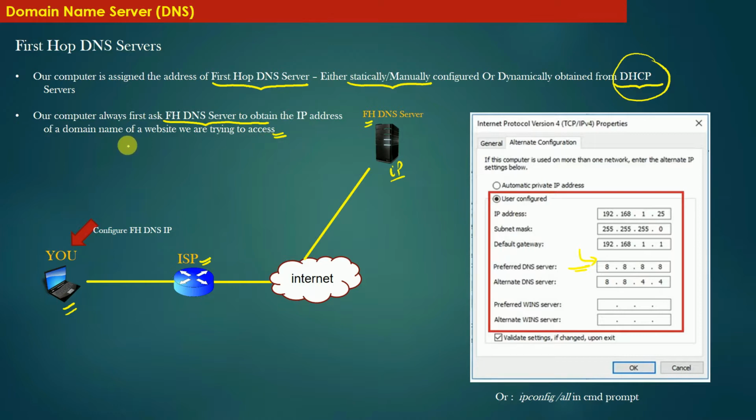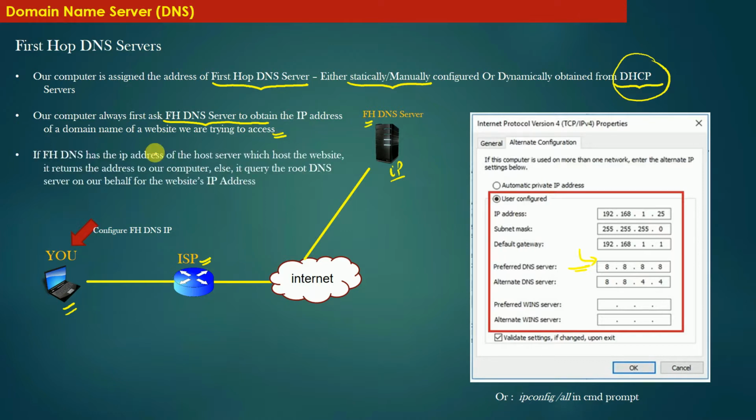Now there are two possibilities. The first hop DNS server will either have the website address or it will not. If the first hop DNS server has the IP address of the host server machine which hosts the requested website, it returns the IP address to our computer.